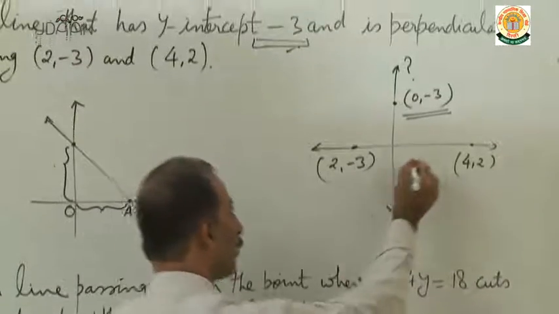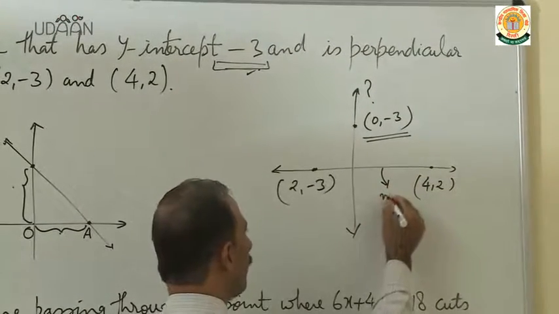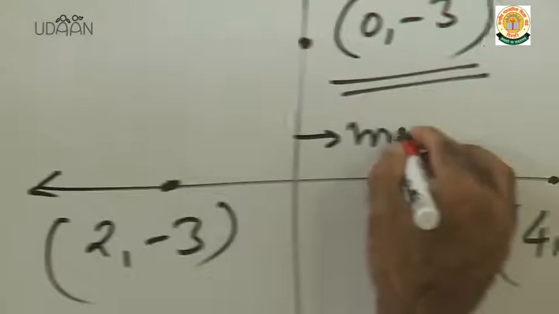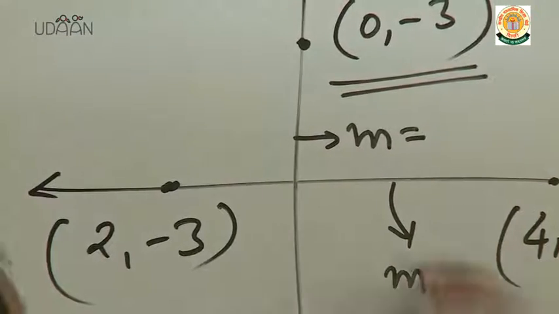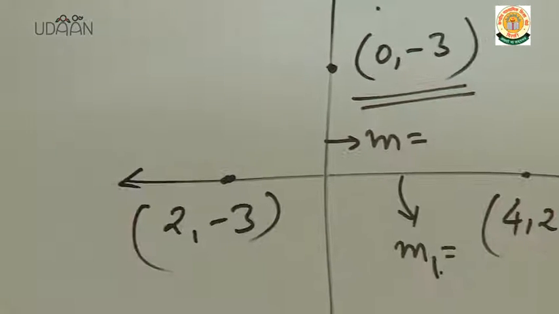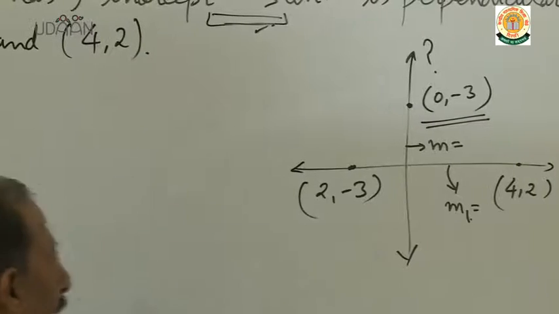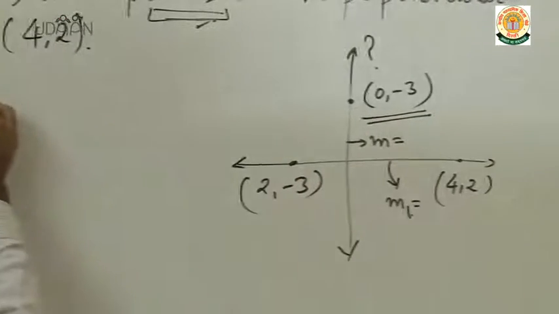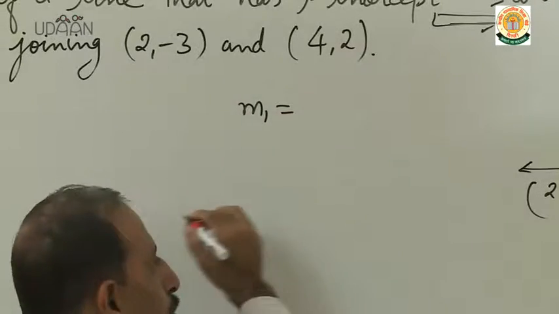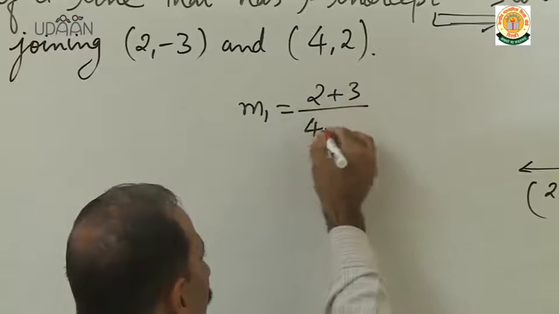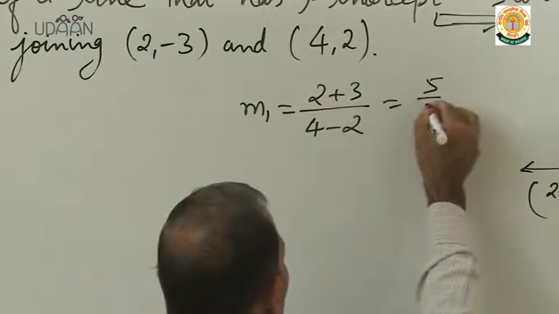First of all, find out the slope of this line. With the help of the slope of this line, find the slope of this line. What is the slope of this line, whose 2 points are given here, that is (2, -3) and (4, 2)? So the value of m1, the slope of this line, is (y2 minus y1) upon (x2 minus x1).